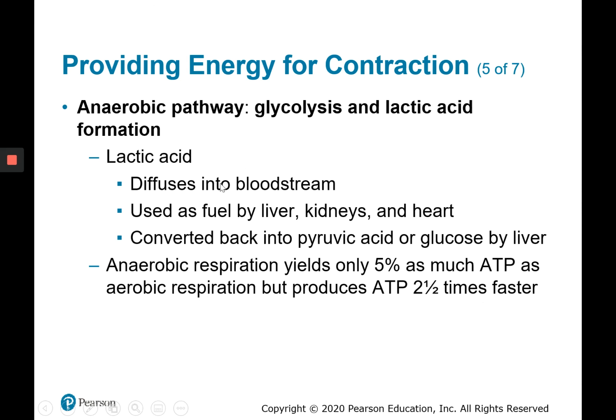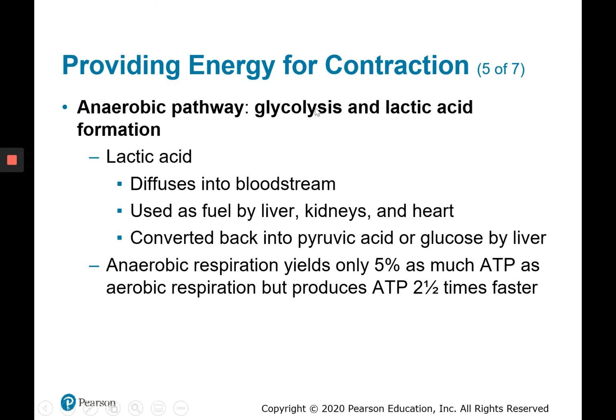Lactic acid should diffuse into the bloodstream. It can be used by other organs like the liver, kidneys, and the heart. In those organs and in skeletal muscle, it can be converted from lactic acid back to pyruvic acid or even glucose and then reused for the process of anaerobic glycolysis.